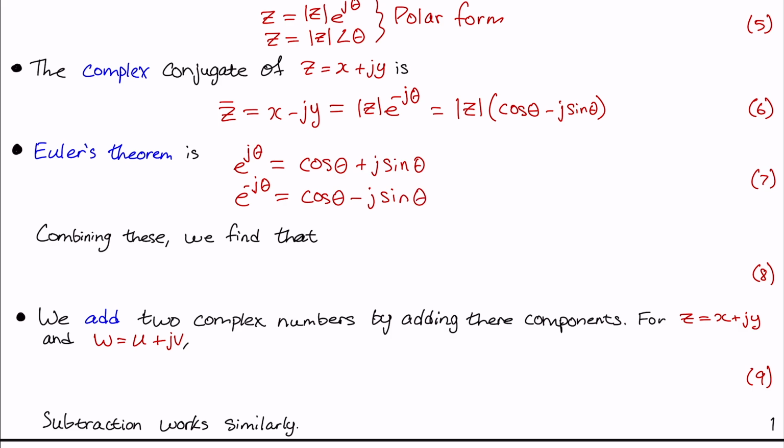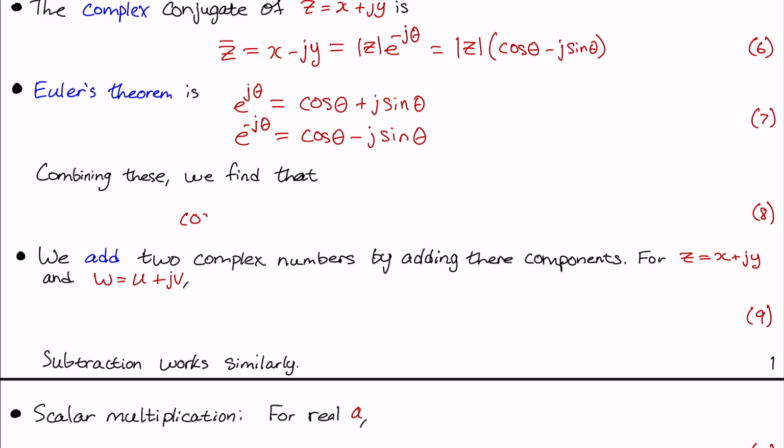You can combine these two equations, and doing so results in the following: the cosine of theta is equal to the fraction e to the j theta plus e to the minus j theta, divided by 2, and the sine of theta is equal to the fraction e to the j theta minus e to the minus j theta, divided by 2j.